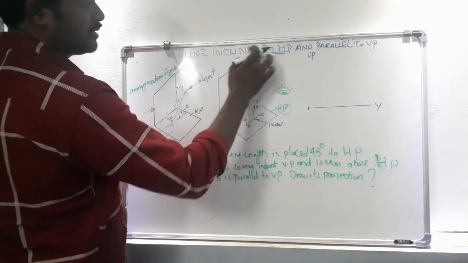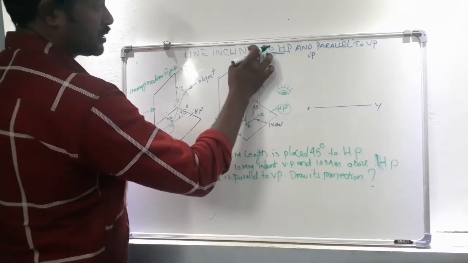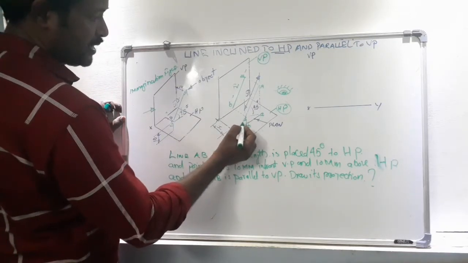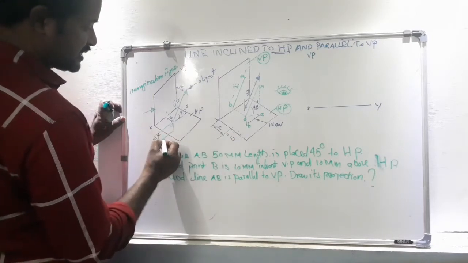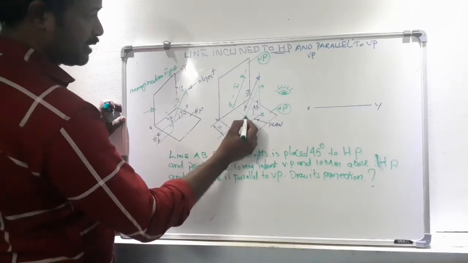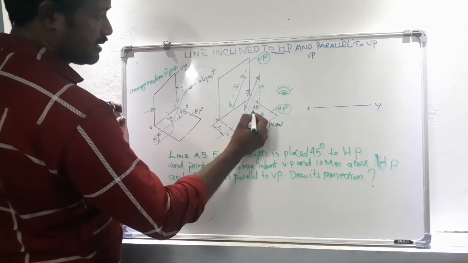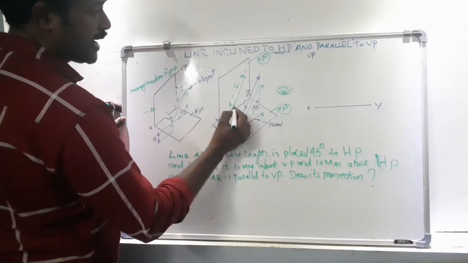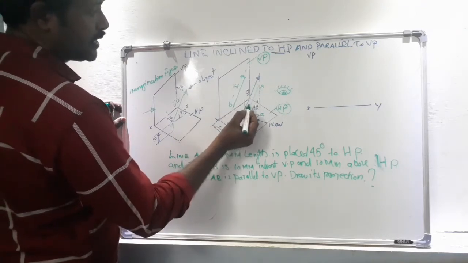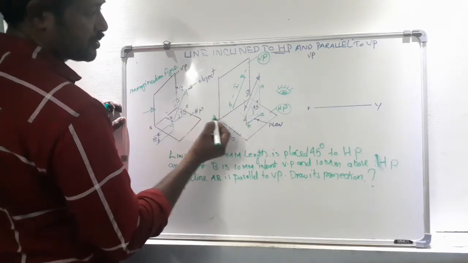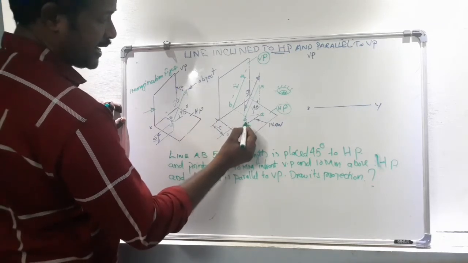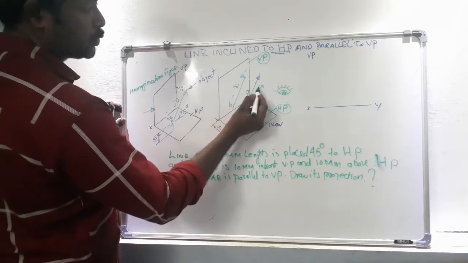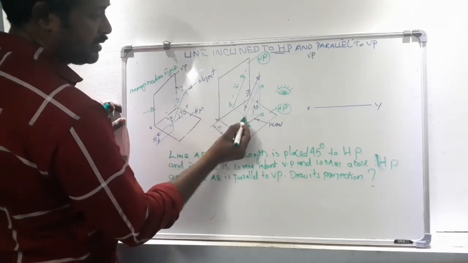We know that the front view is projected on the vertical plane. So keeping 10 mm distance from the vertical plane and keeping 45 degree angle, we can project point B and point A on the plane VP. Keeping this 10 mm height and 45 degree angle, we have to project points A and B.